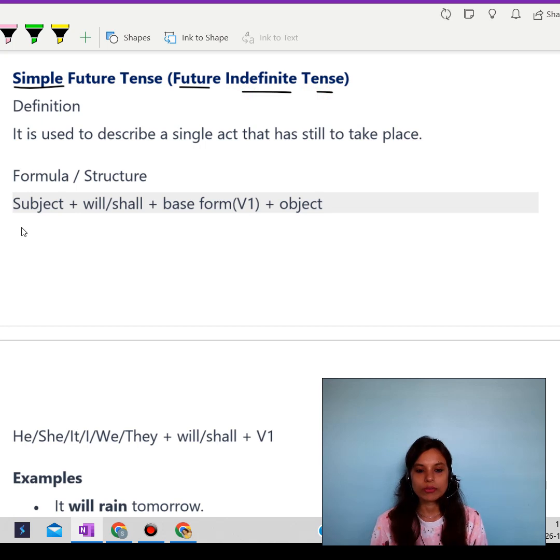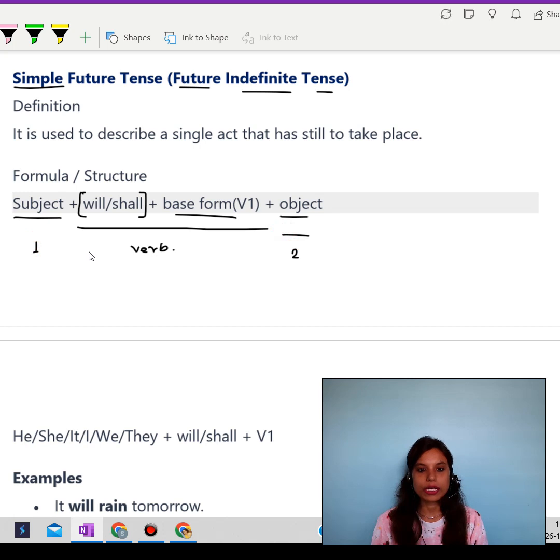So, this is mostly used with a subject. Then we can use either will or shall, anyone you can use, and then the base form of the verb, and then obviously the object, because the sentence has subject, verb, and the object. So this entire section is the verb form, and the first one is the subject, second one is the object.